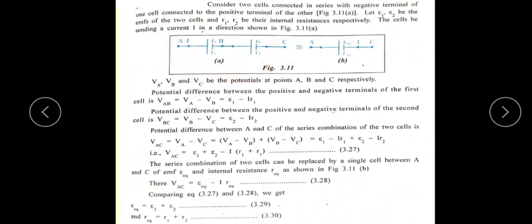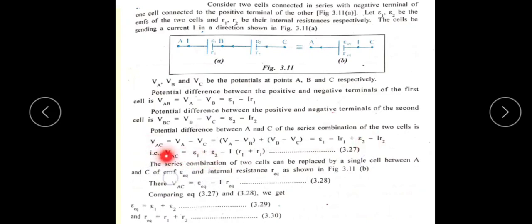Then VA minus VC can be written as VA minus VB plus VB minus VC. VA minus VB is E1 minus I r1, as we wrote here, plus VB minus VC, which is equal to E2 minus I r2. Then here E1 plus E2, first we write here.